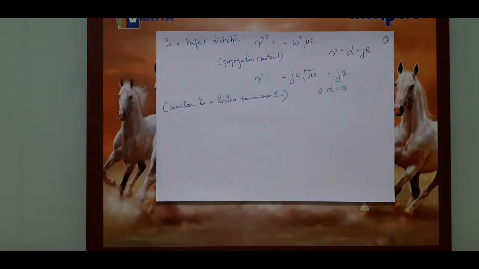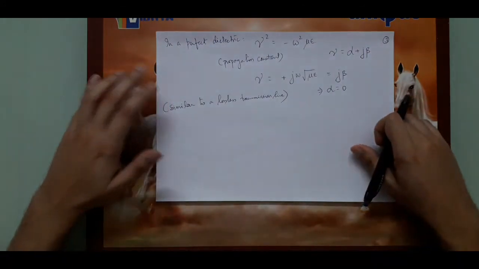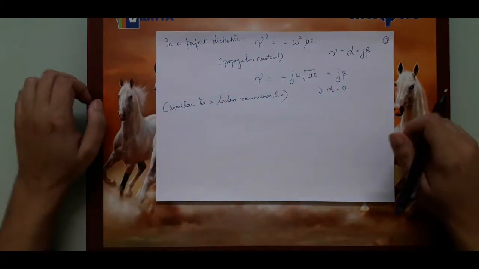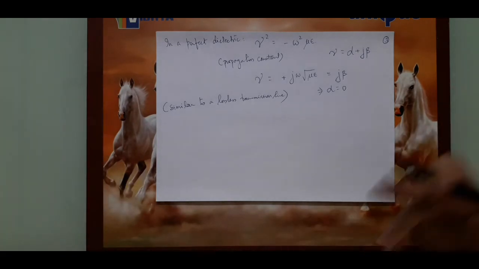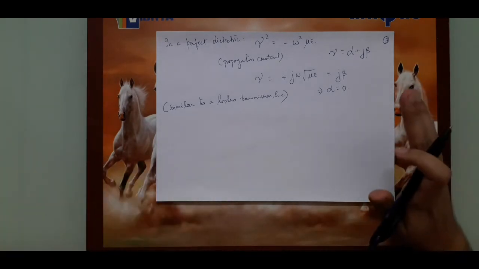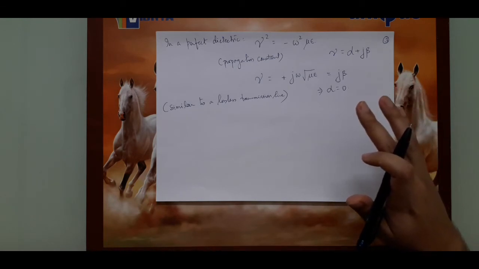But when we are talking of media, we need not always have dielectrics. As you know, we can have medium with conductivity also. We can have conductors which are very, very good, or conductors which are not that good, but they still have some non-zero finite conductivity.